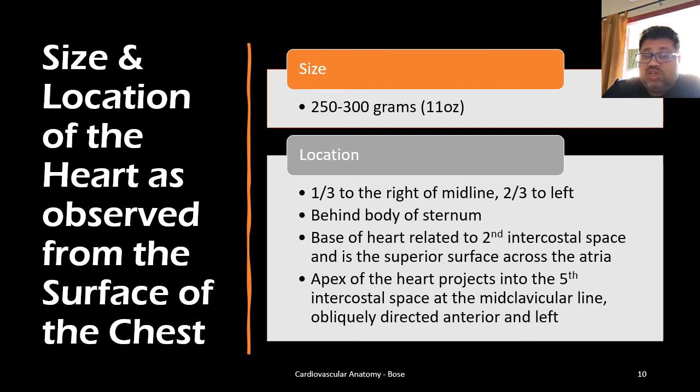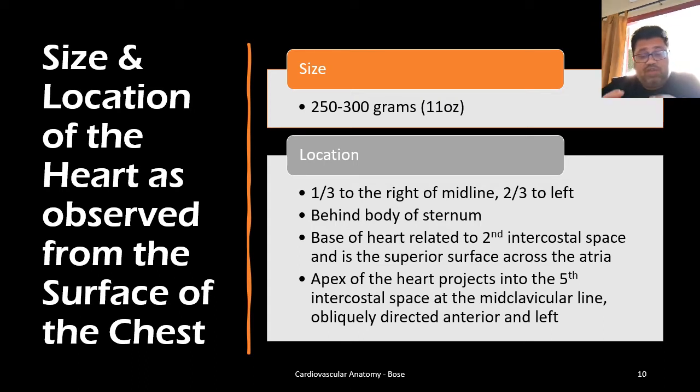It is situated exactly behind the sternum, so you can call it a retrosternal organ. And the heart is expressed as an inverted pyramid, which means it is a pyramidal structure. However, the pyramid in this case is an inverted pyramid with the base at the top and is related to the second intercostal space and the superior surface across the atria.